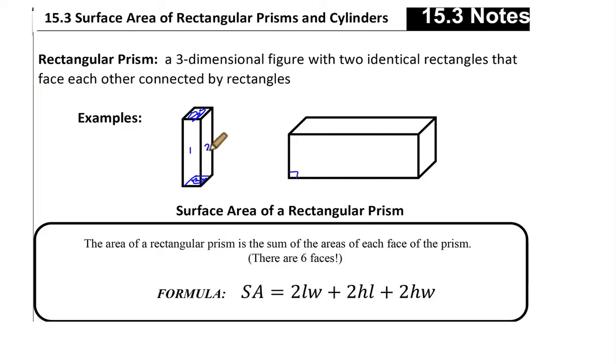This is rectangle number 2. Opposite rectangle 1 would be rectangle 3. That'd be on the back. And then we'd have another rectangle on this side over here. That would be rectangle 4. And then if you counted the top and the bottom, that would be 5, 6. So really, when you take 6 rectangles, opposite rectangles are congruent to each other, and you make a box. That's what a prism is.